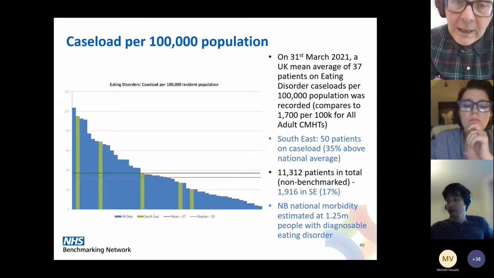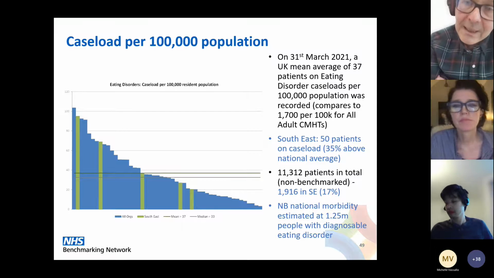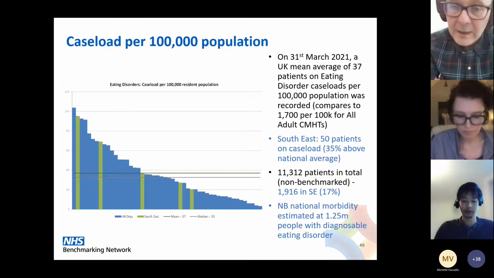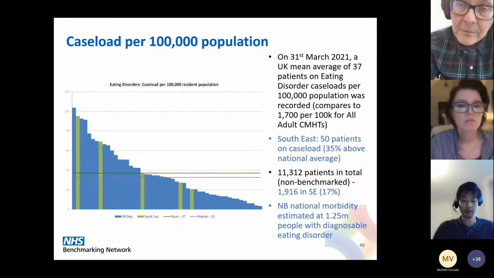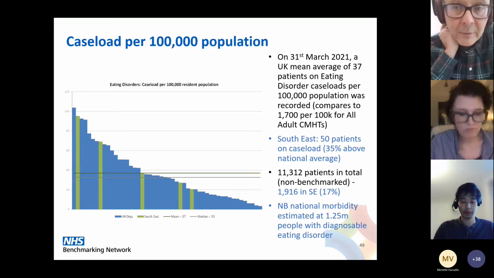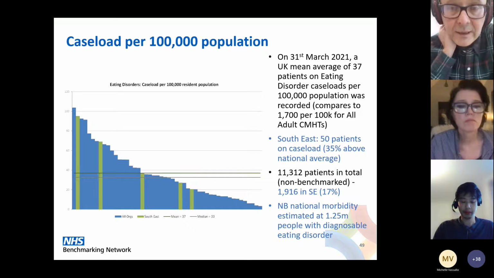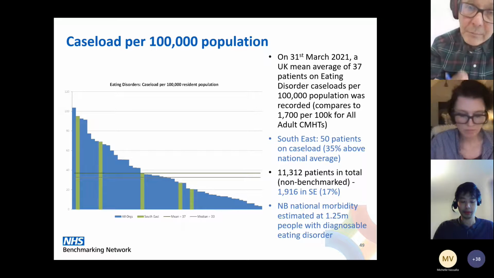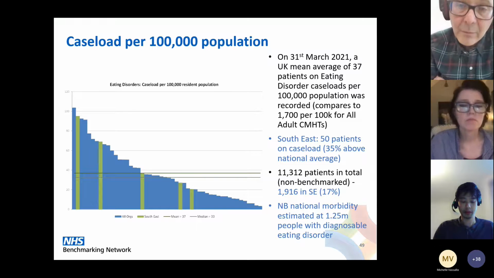So it's quite sobering, and it's a slightly more optimistic story on CYP when we get to that in a second, because the treatment rate is about 2 or 3 times higher in CYP for child eating disorders than it is for adults. But the biggest treatment gap we see is for adults with an eating disorder.